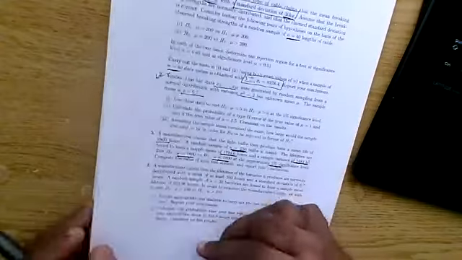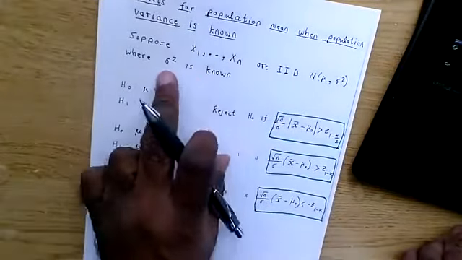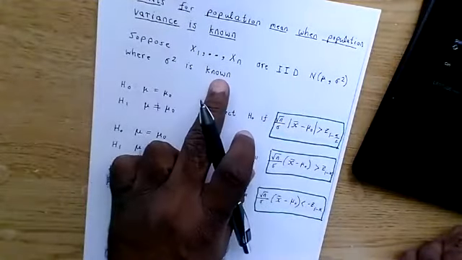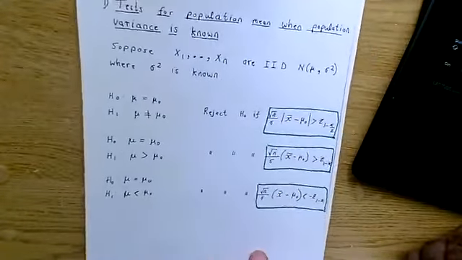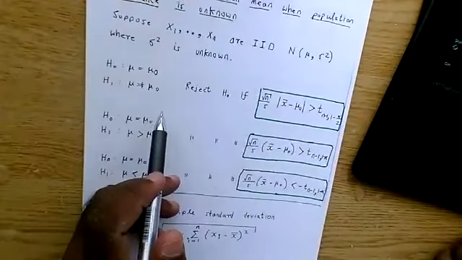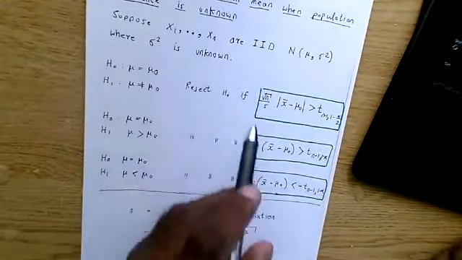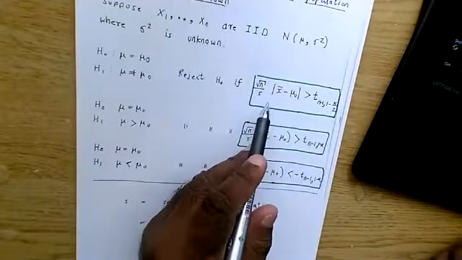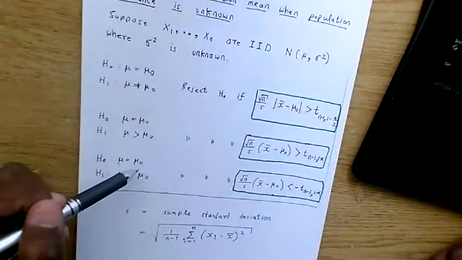So which automatically means that the population variance is not known. Going back to the formula sheet, you cannot use any of these formulas because they assume that the population variance is known. But if you remember, this is another thing I gave you last week: the case where the population variance is unknown. These are the corresponding rejection rules for the 3 sets of hypotheses.